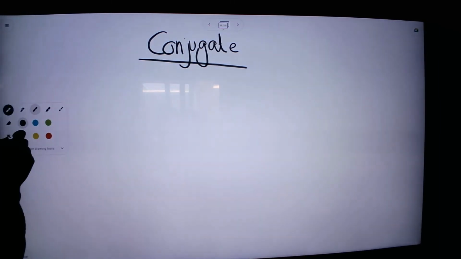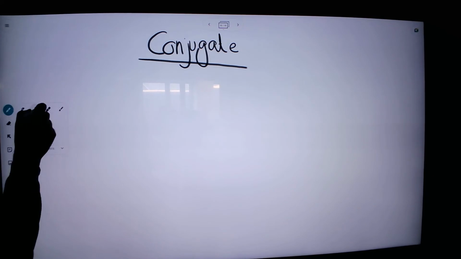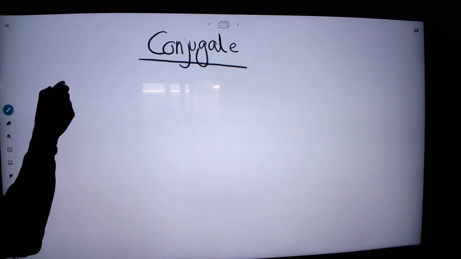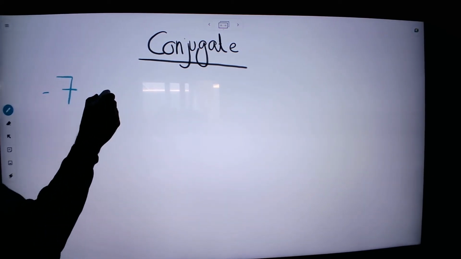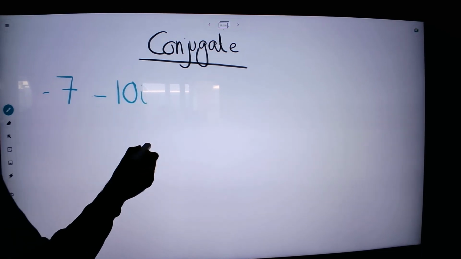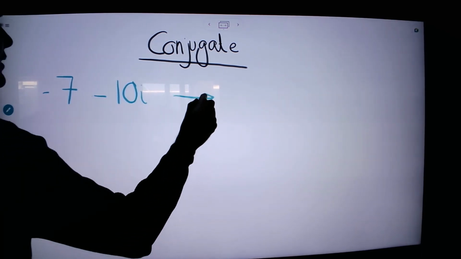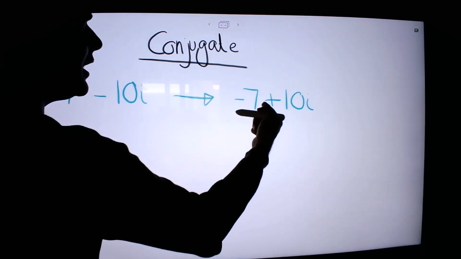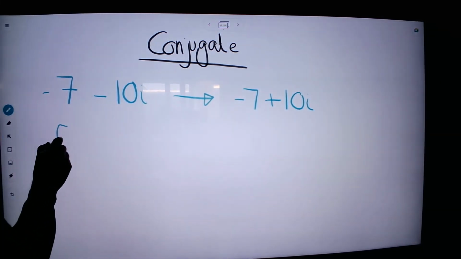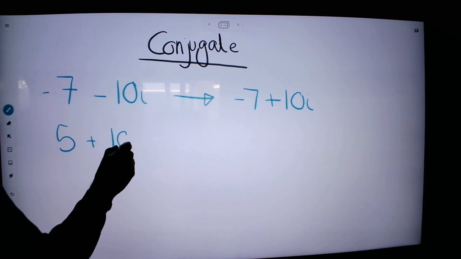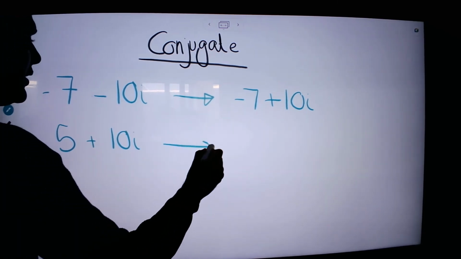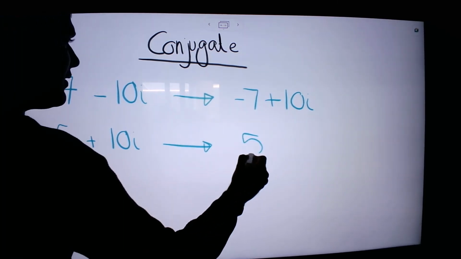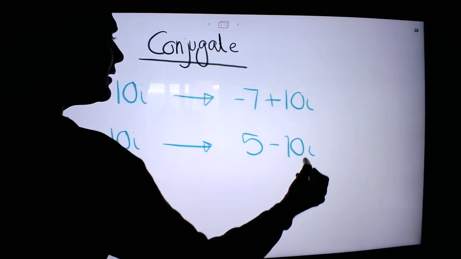Conjugate. When we deal with the conjugate, let's say there's a complex number minus 7 minus 10i. The conjugate of that is minus 7 plus 10i. We just changed the sign before that one. If it's 5 plus 10i, the conjugate is 5 minus 10i.